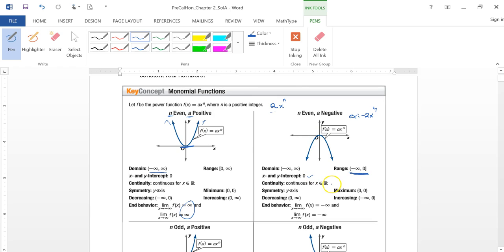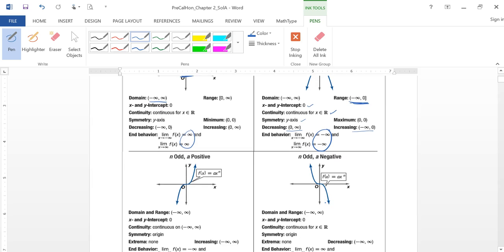X and y intercept are the same. Continuity is the same. Symmetry is the same. The difference is that now it's decreasing from 0 to infinity and it's increasing from negative infinity to 0. So all this you can tell. And the big difference is that the end behavior is that both ends go to negative infinity, whereas before both ends went to positive infinity.